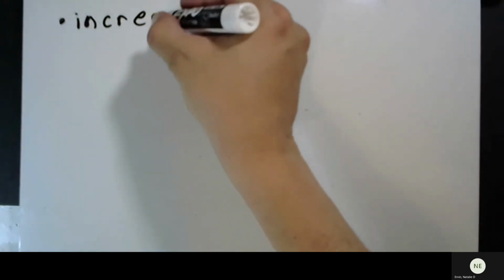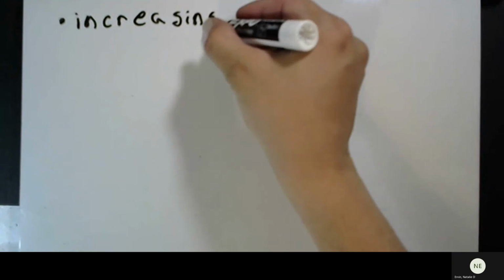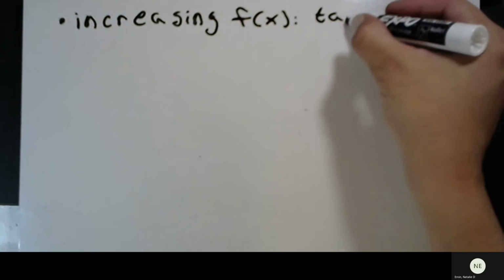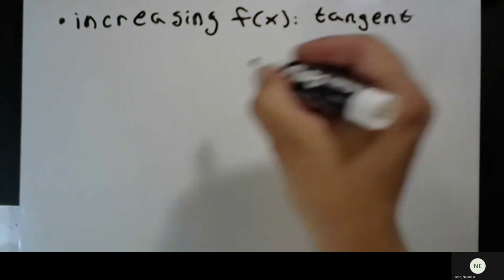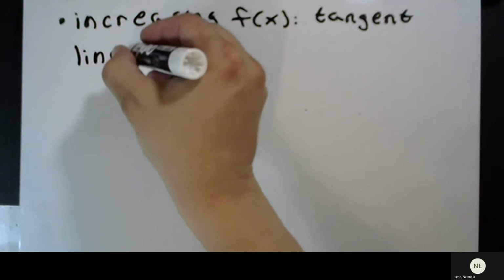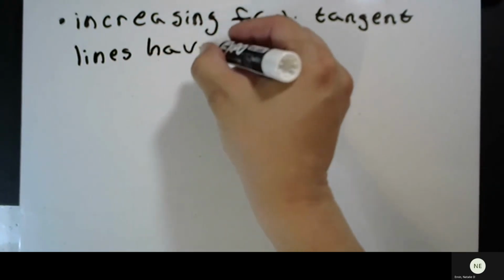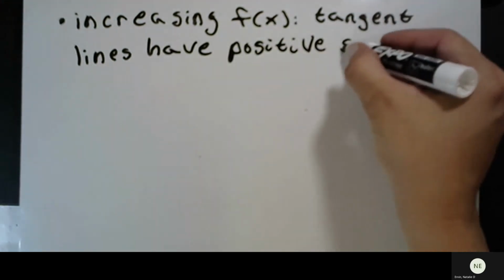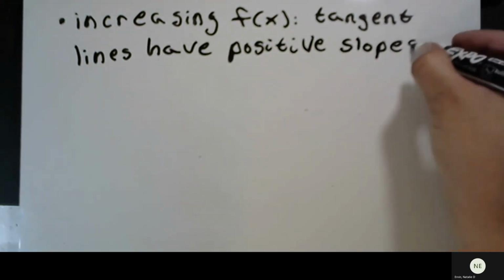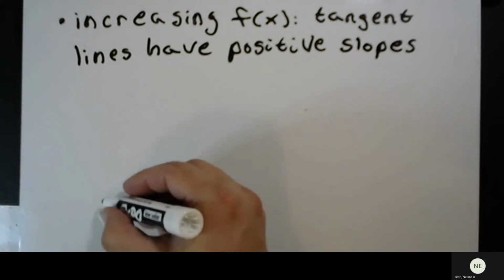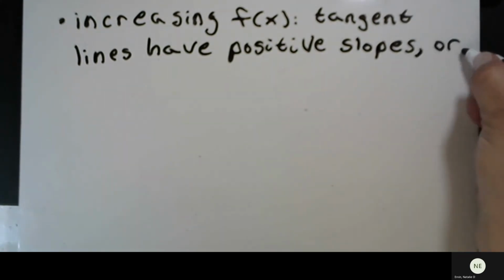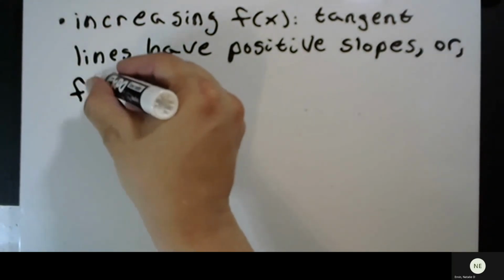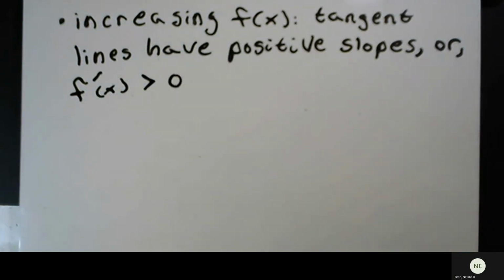So if there's an increasing f of x, the tangent lines have positive slopes, or f prime of x is greater than 0.